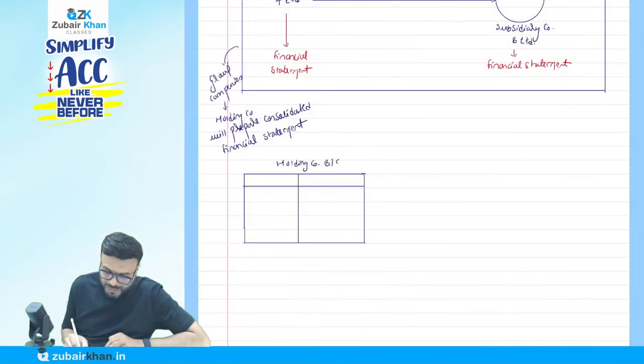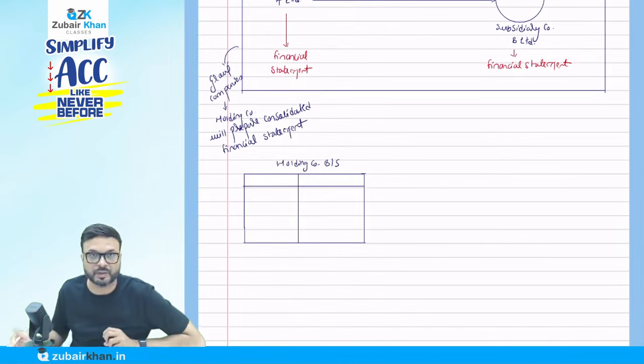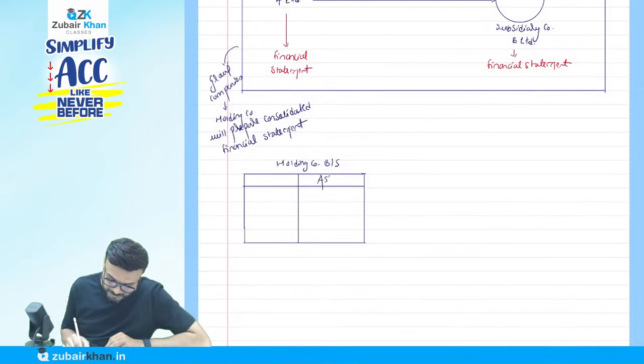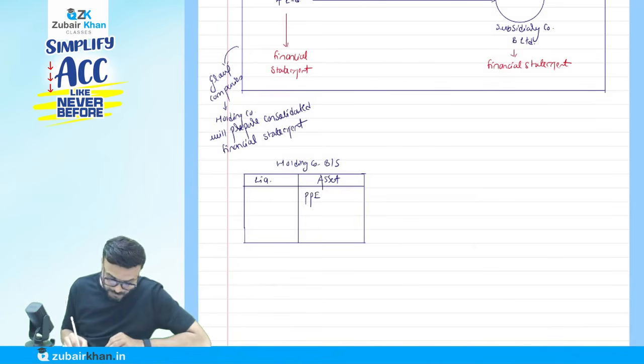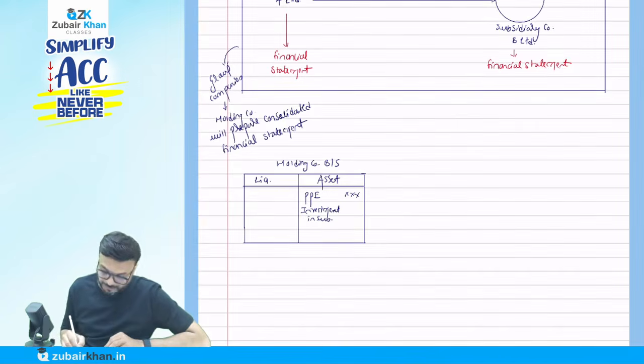I'm just talking about the balance sheet first. P&L I will discuss later on. On the asset side, to make it simple, I'm writing like that, and the liability side. Here I have property, plant and equipment of the holding company. Now they have certain investment, investment in subsidiary company.